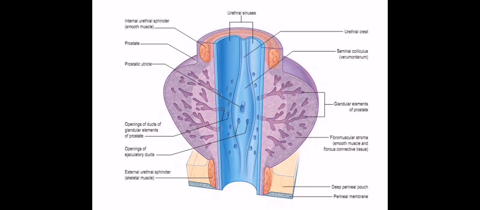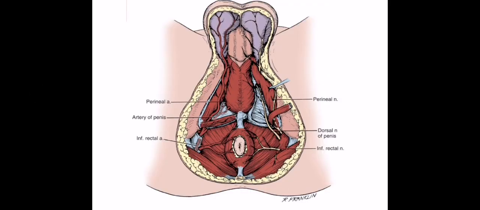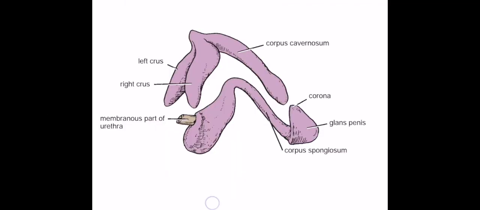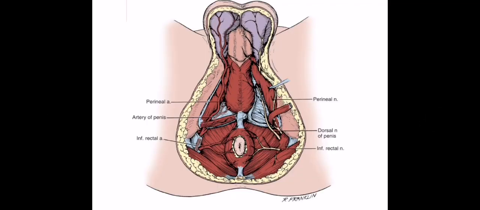These are named as the prostatic sinuses. Prostatic sinus من هاي الجهة ومن هاي الجهة. The prostatic sinus receives the openings of the prostatic glands. يعني هذا urethral crest, then the prostatic sinuses, and the opening of the urethral glands open in the prostatic sinuses.